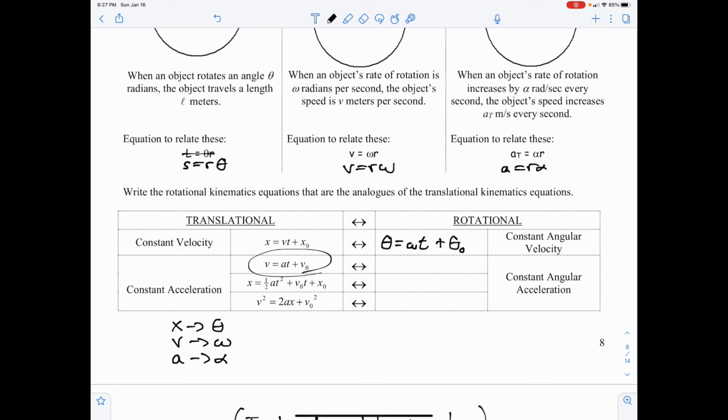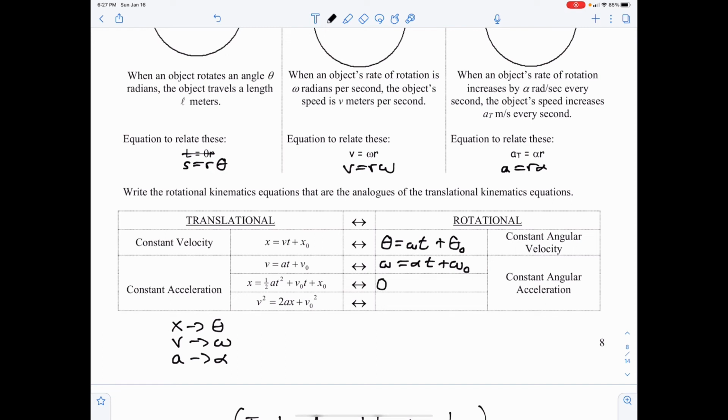This second equation says v equals at plus v naught. That would be omega equals alpha t plus omega naught. Third equation says x equals 1/2 at squared plus v naught t plus x naught.